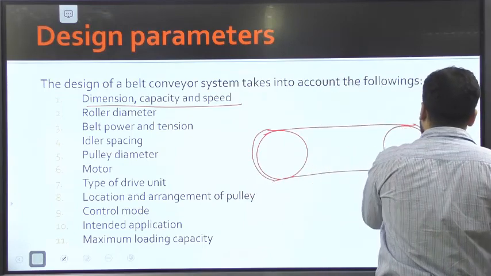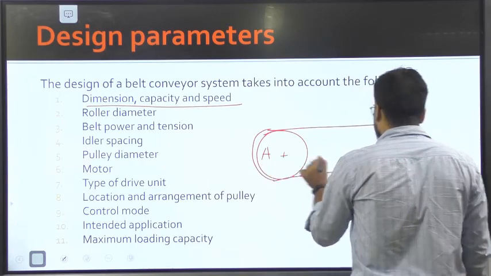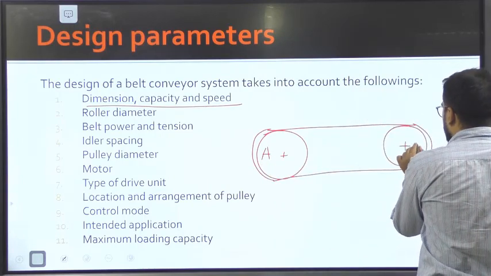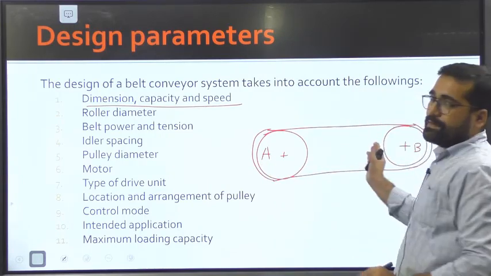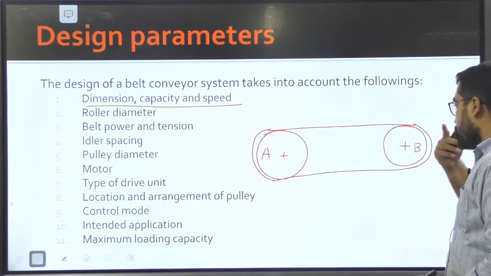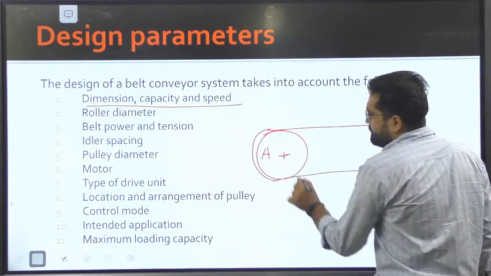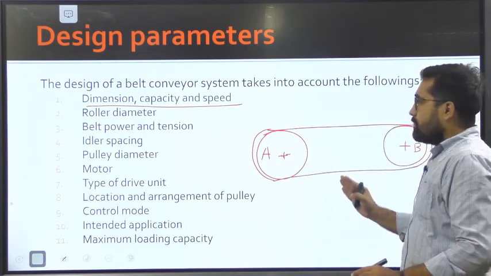Suppose there are two ends, point A and point B, and we have to convey the material from point A to point B. In a belt conveyor, one thing we have is pulleys, or rollers.